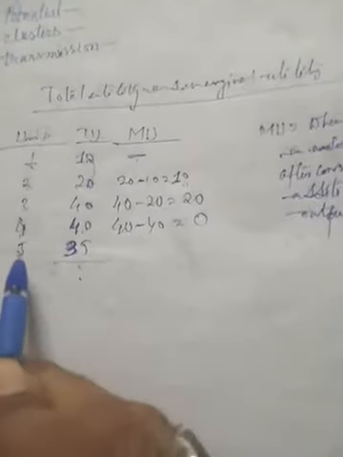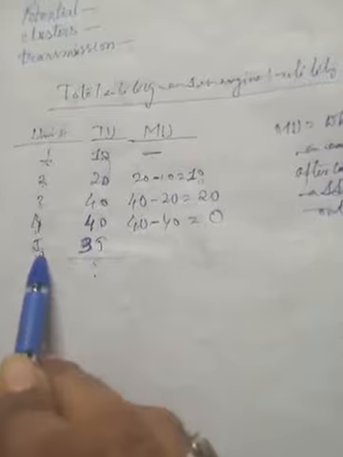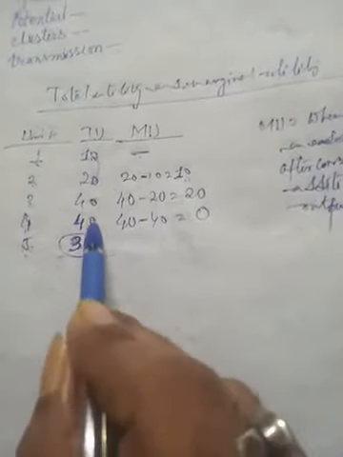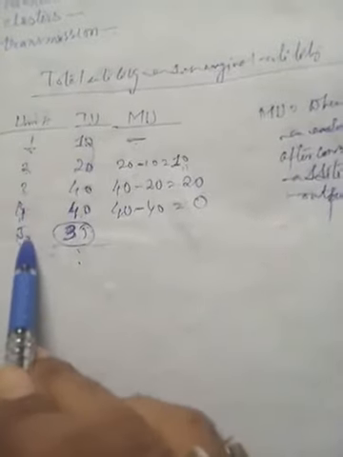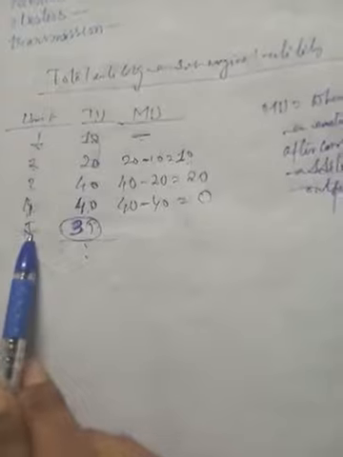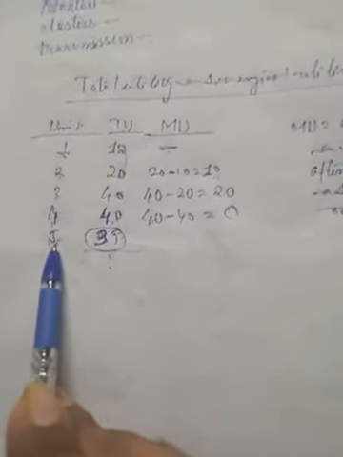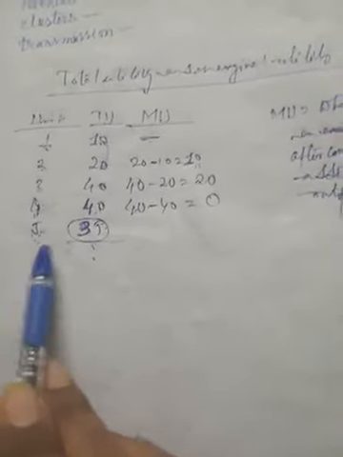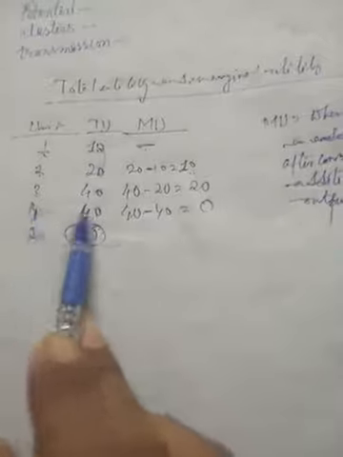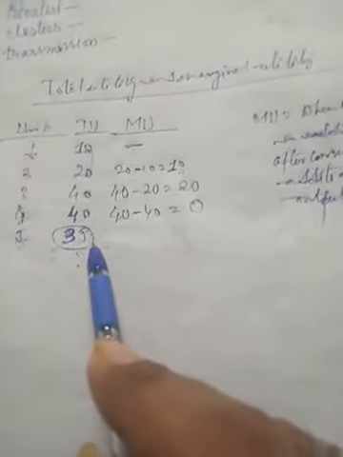If we compare to the fifth unit, that means the fifth commodity, our total utility is 35. Comparing it with the fourth unit, which gave 40, taking an extra unit means our total utility decreases.